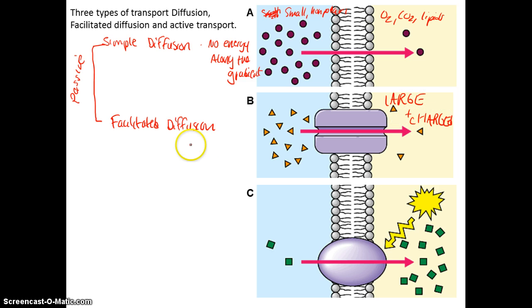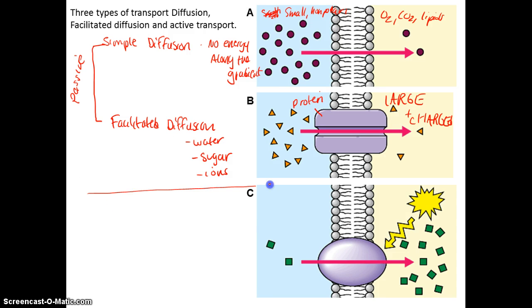Things like water, sugar, certain ions, okay, large and charged. And facilitated diffusion uses helpers like proteins that act like protein channels or gates. So both of these are under the category of passive transport.